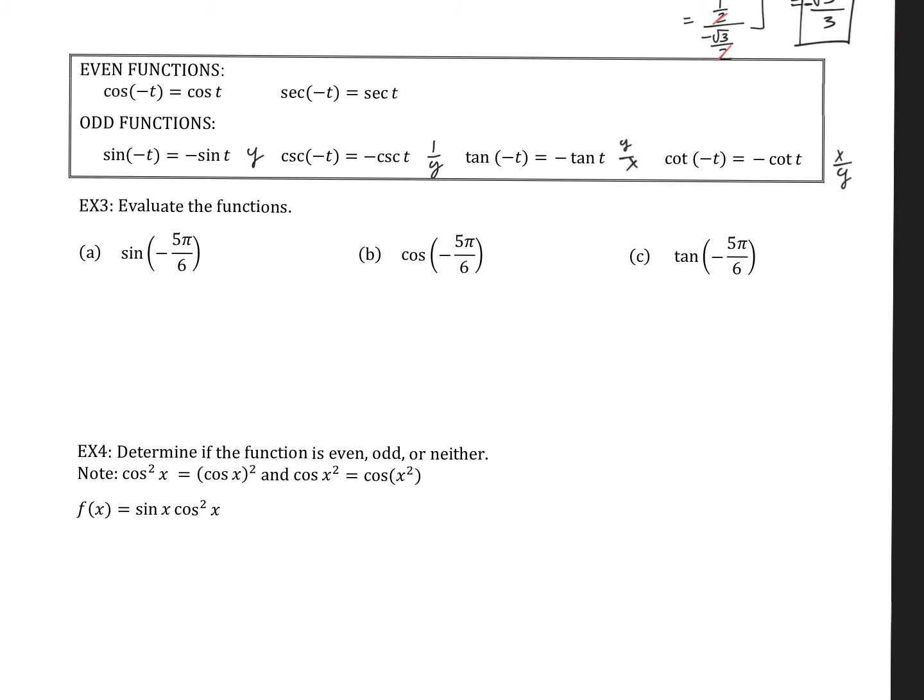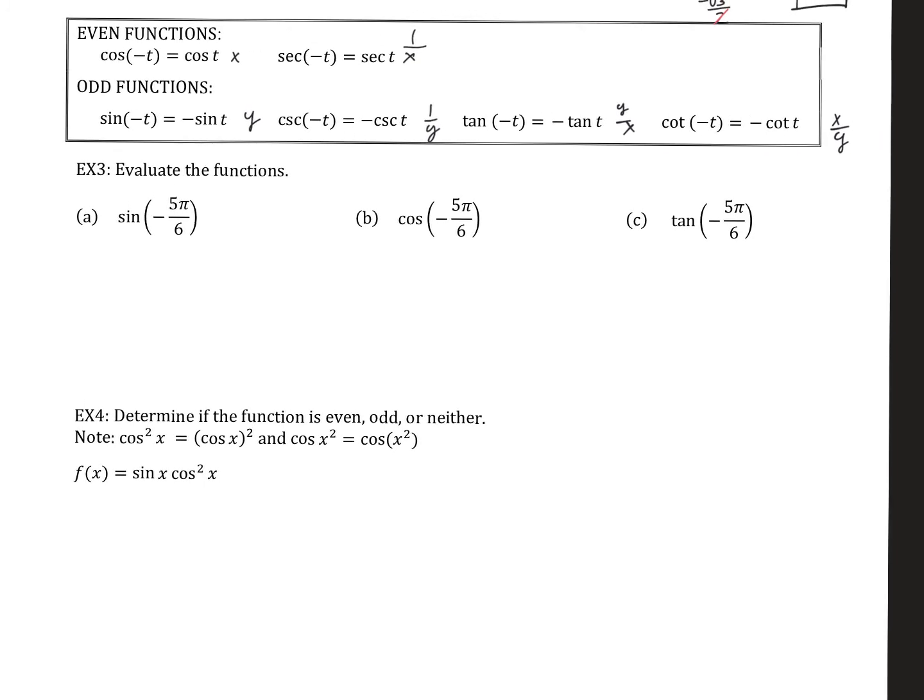Okay, so anything that includes just the x is going to be the even functions. Now, using that in mind, let's go ahead and evaluate the following functions. So the same concept here from what we just did in example 2, except we have those negatives floating around on the inside.